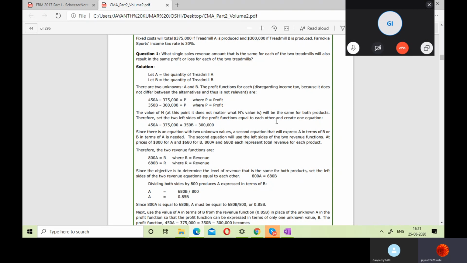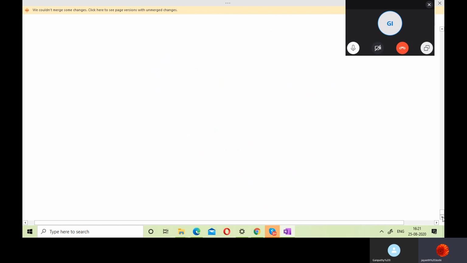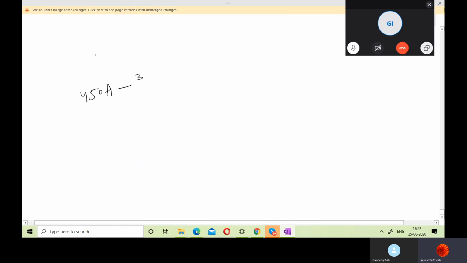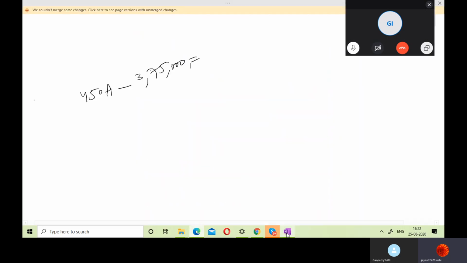You take 3 lakh, minus 3 lakh. Just a second. 450A minus 375,000 is equal to 350B minus 3 lakh.